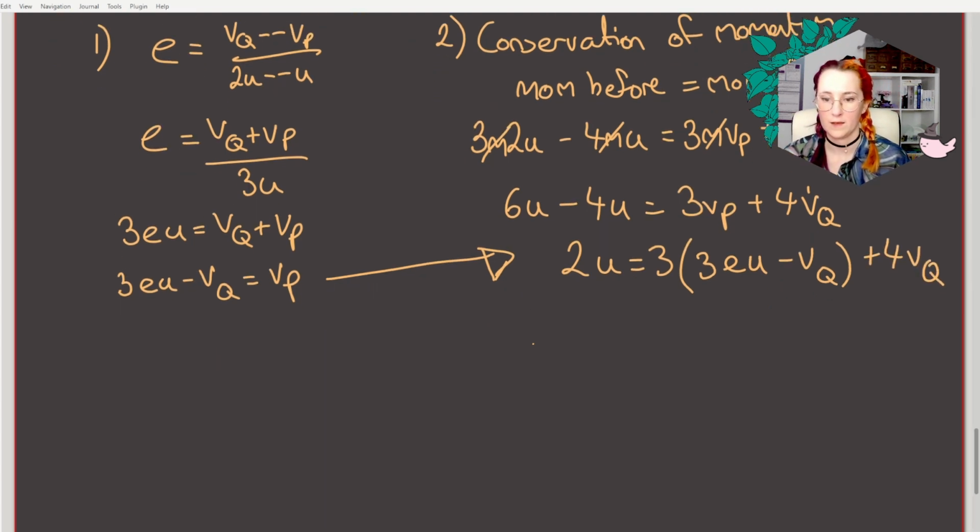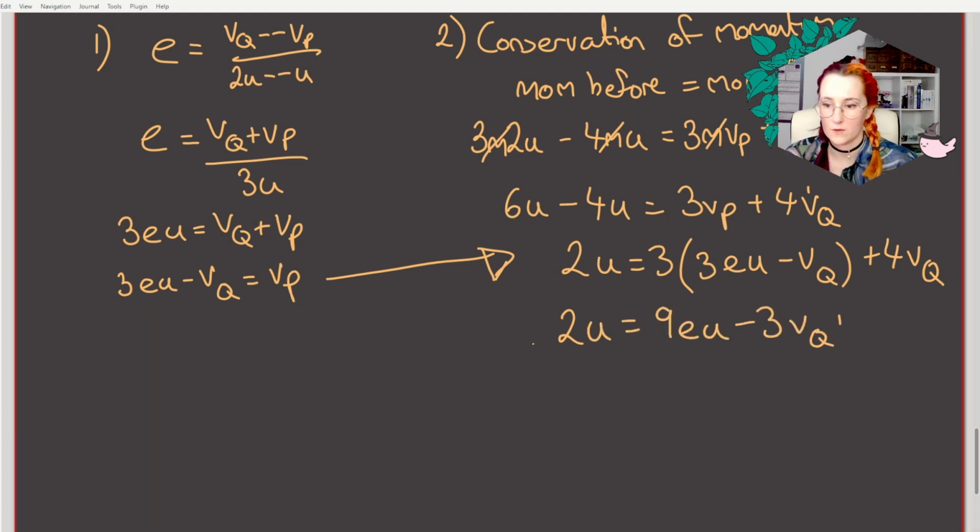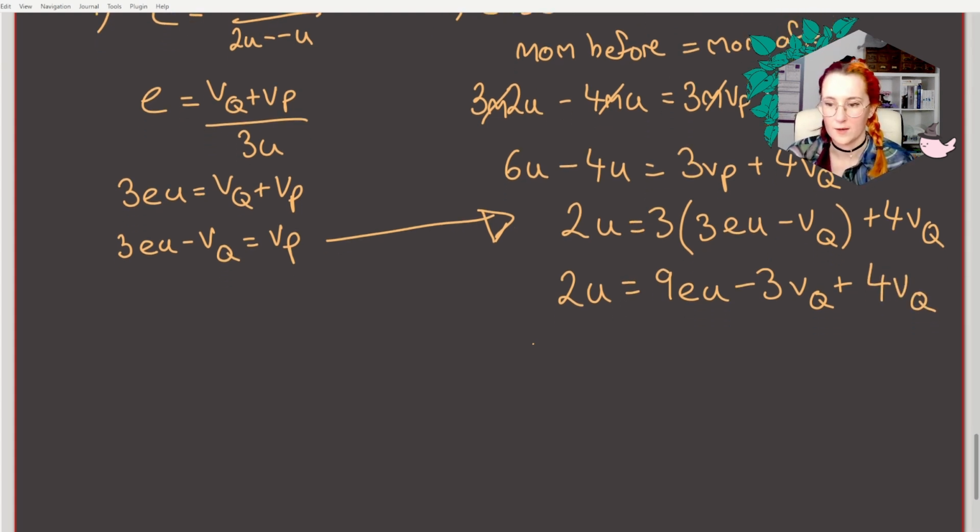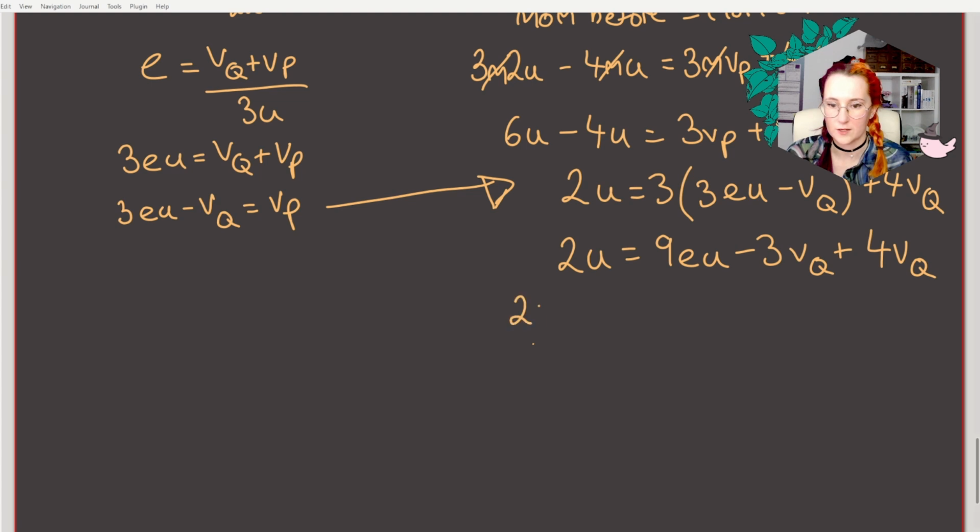Solving this, you get 2u is 9eu minus 3vq plus 4vq. I will stop saying vq any minute now. Simplifying, we get 2u minus 9eu is vq.